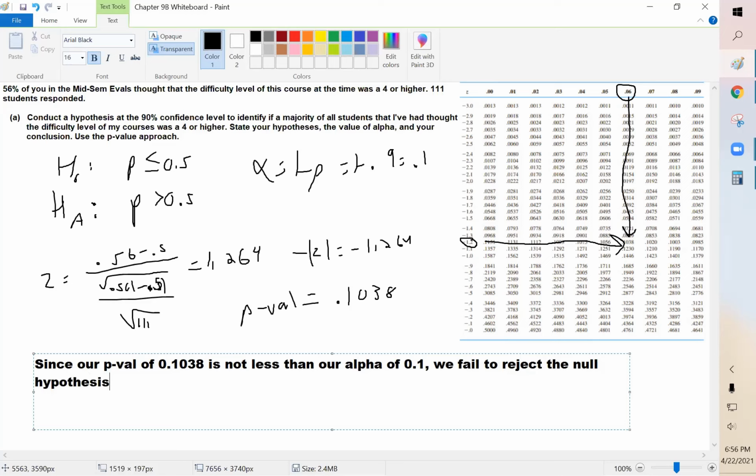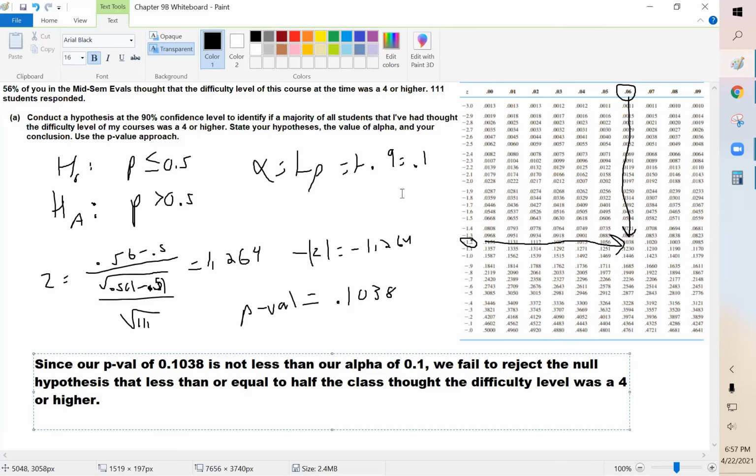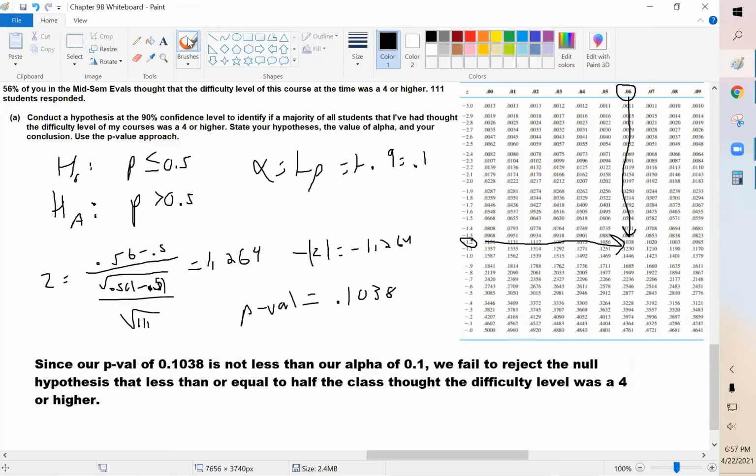So right there, that is your conclusion, and the interpretation is the remainder of this sentence. So we fail to reject the null hypothesis that less than or equal to half the class thought the difficulty level was a 4 or higher. So the first part is the conclusion, second part is the interpretation.